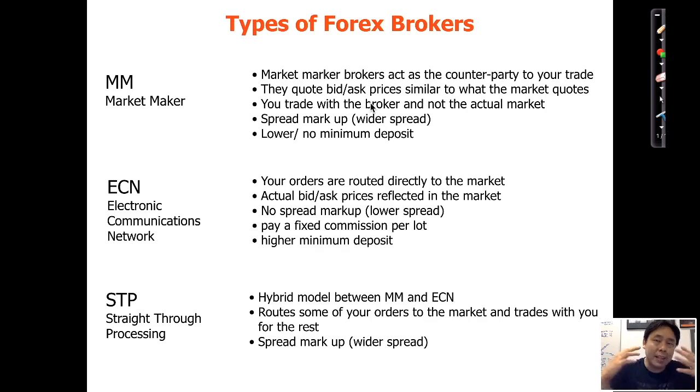Because when you use a market maker broker, you are trading against the broker. In other words, when you make $1,000, who lost $1,000? The broker lost $1,000. And if you lost $1,000, who makes $1,000? The broker. Now, do you think the broker is stupid? Do you think the broker wants to lose money? No, the broker wants to make money. So it's not in the broker's interest to allow you to profit.